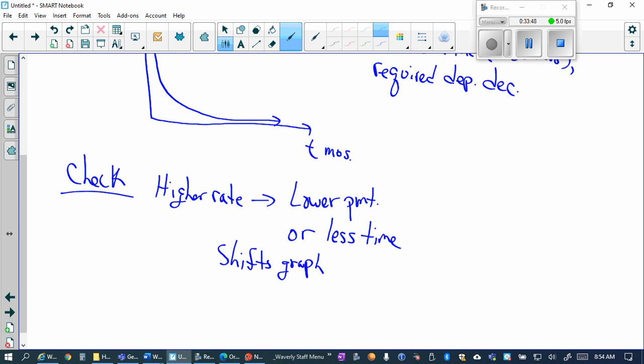Carl, you said it would shift the graph. Okay, which is which way? Down, right? I guess it depends on which way you're thinking about it, right? In either case, it's almost equivalent, right? Shifting left and shifting down. I'm going to say down seems more. Shifting it down will effectively shift it left, right? See what I mean? Okay. But in either case, you could either lower your payment or decrease the amount of time that you need to get that goal. Okay?